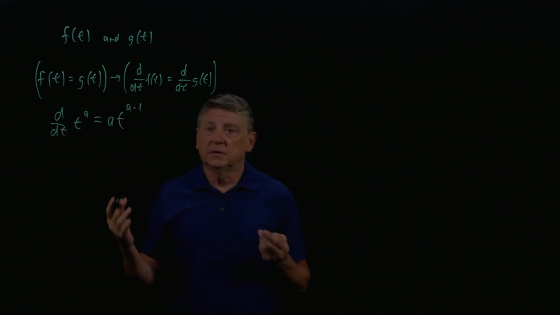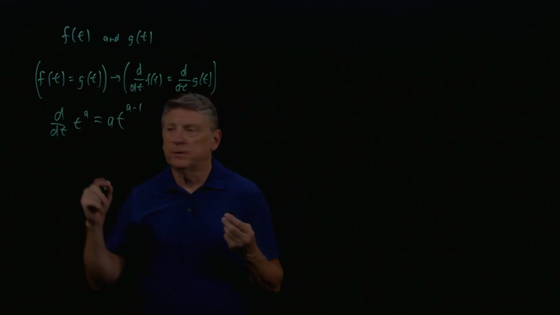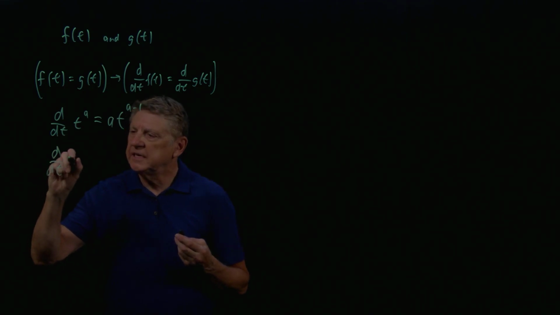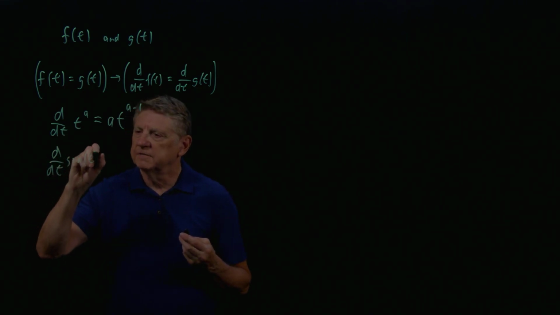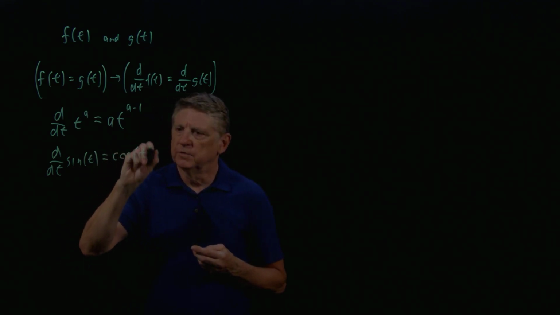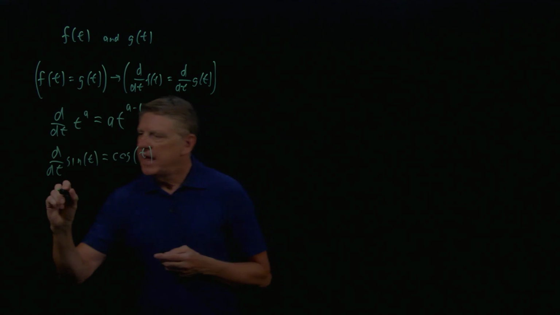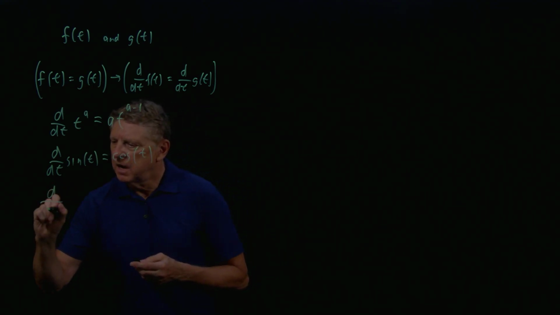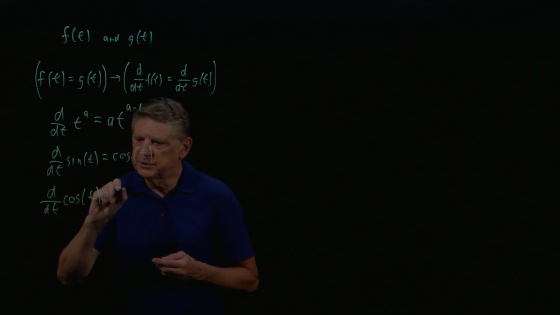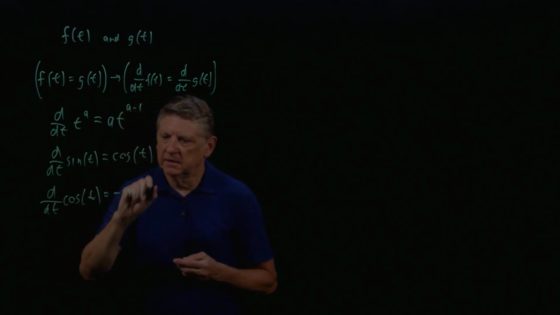For trigonometric functions, there are two very common ones. The derivative with respect to t of sine of t is cos of t. So the derivative of the sine is the cosine, and the derivative of the cosine is minus the sine of the same scalar argument.